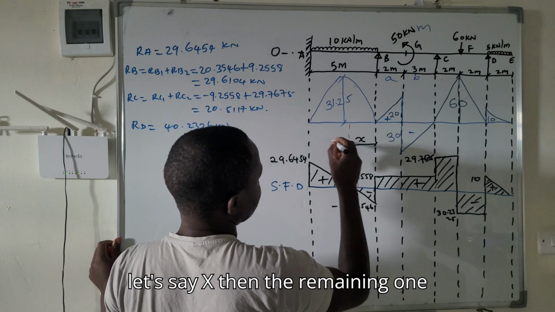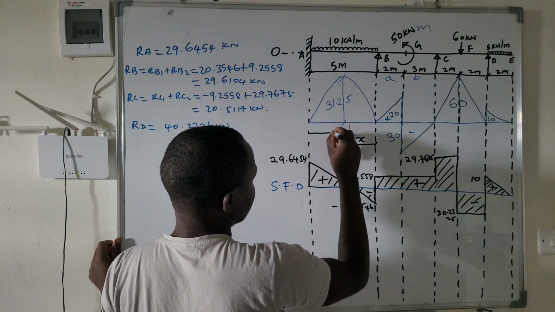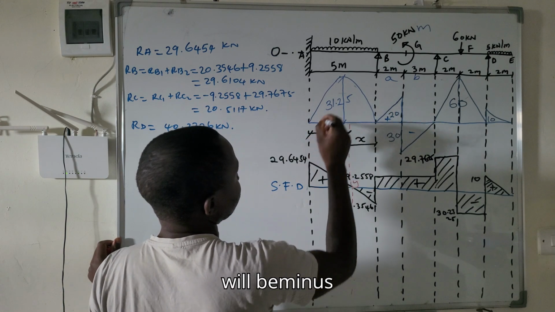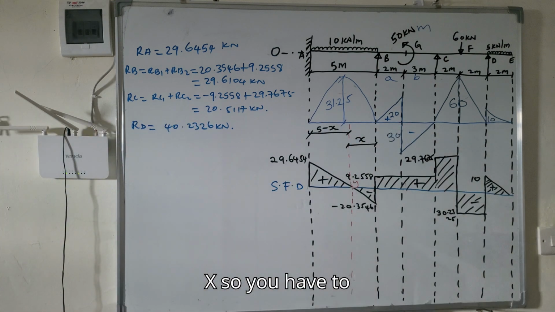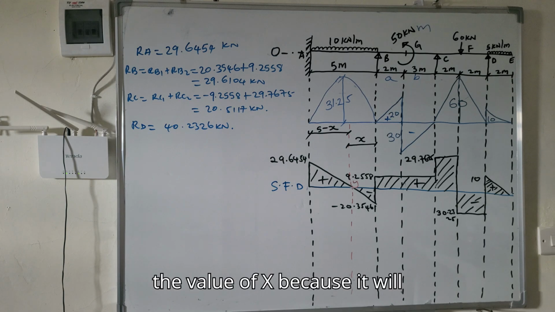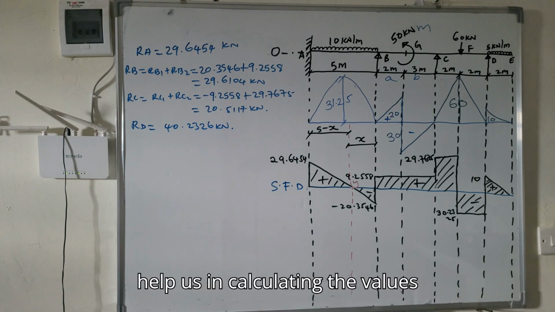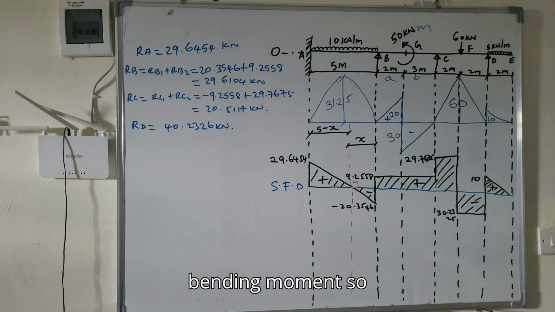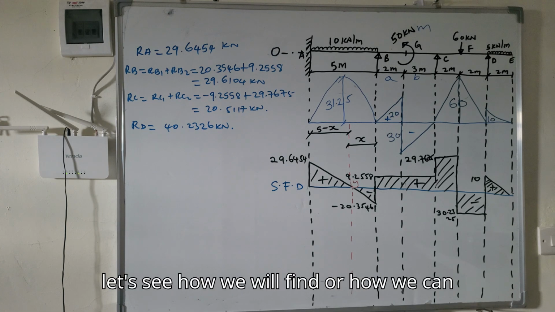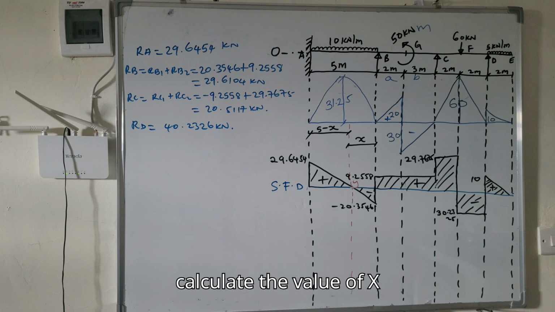Let's say x. Then the remaining one will be 5 minus x. So we have to determine the value of x because it will help us in calculating the values for bending moment.